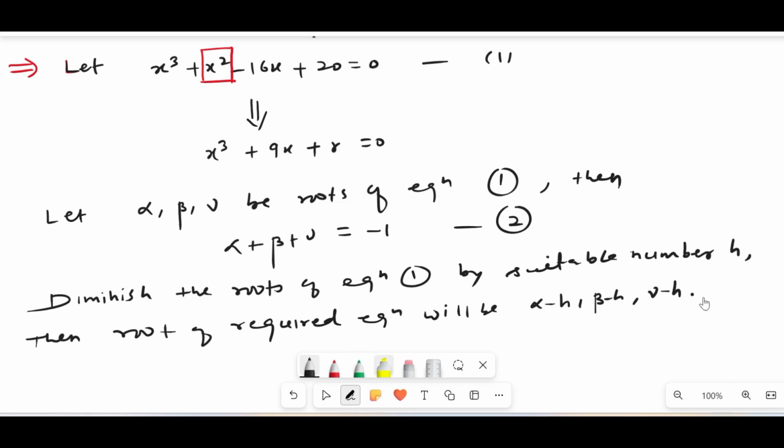So these roots alpha negative h, beta negative h, gamma negative h are the roots of this type of cubic equation.